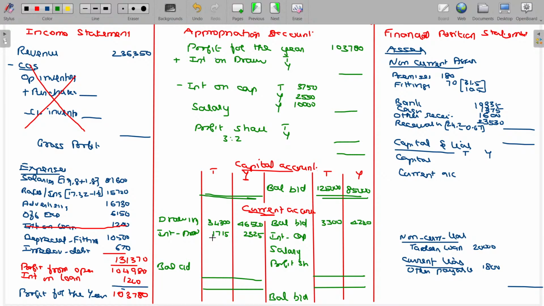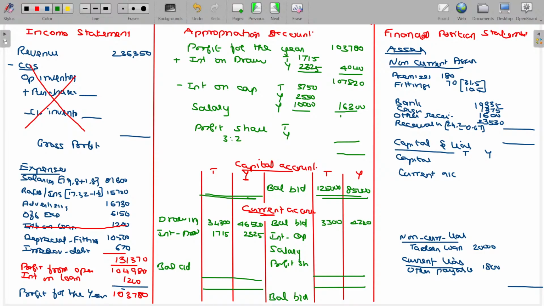Interest on drawings we already calculated, so 1,715 and 2,325. Overall value being 4,040. Then overall amount for appropriation being 1,07,820. And total of interest on capital and salary all put together being 16,300.